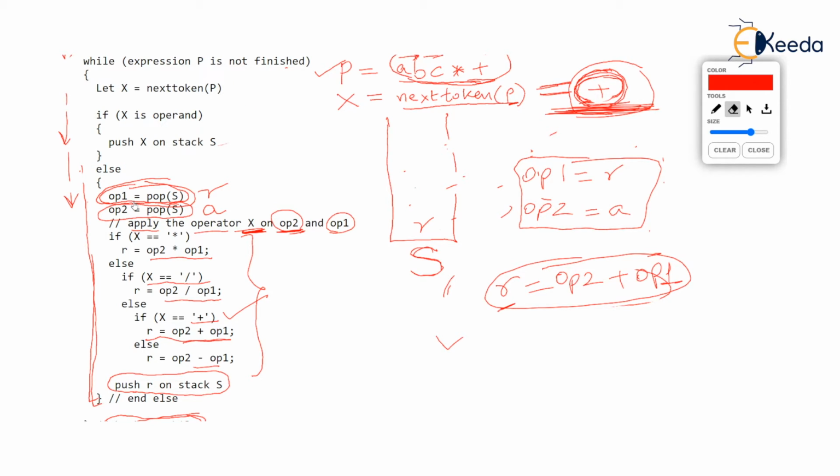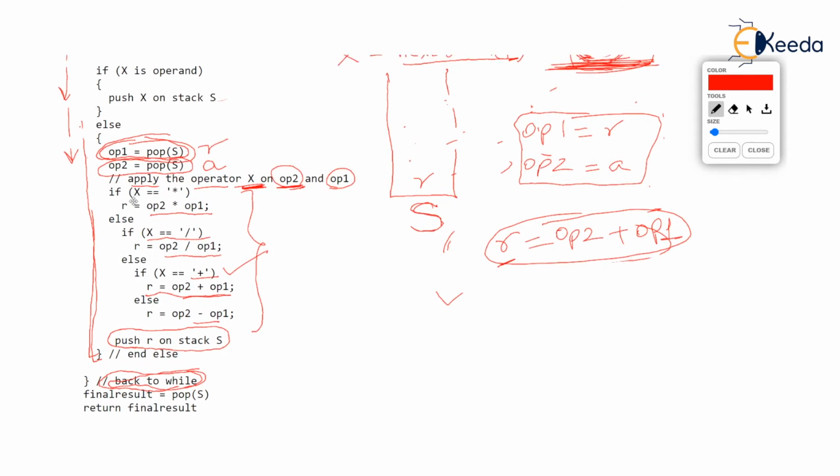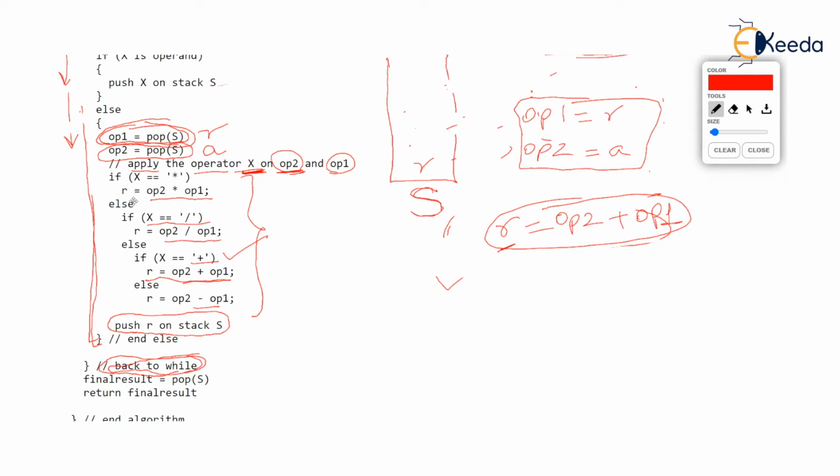So while is stopped. And when we come out of the while, we are sure about one thing: the stack contains only one value. See this stack S. The stack is containing only one answer. That is the final result. This R is the final result of our expression.